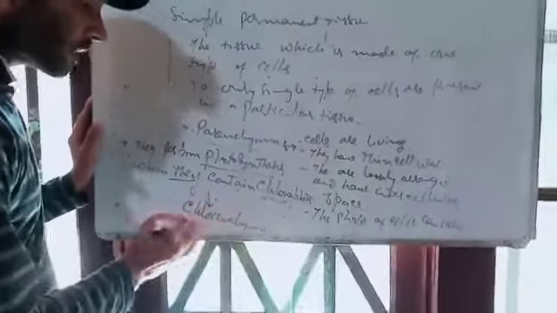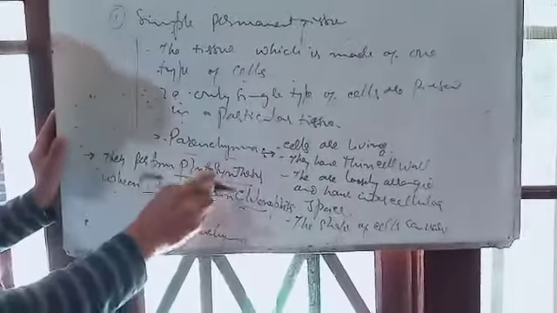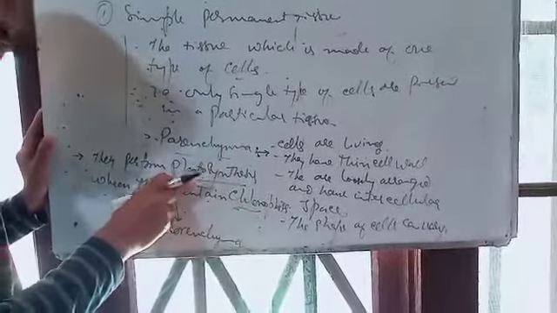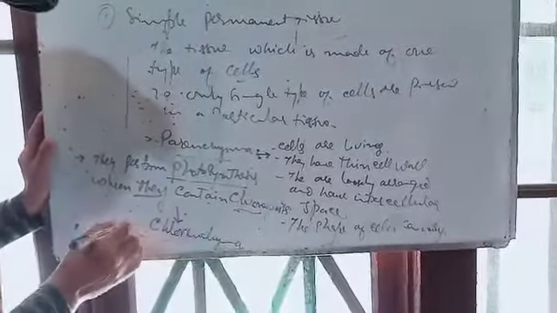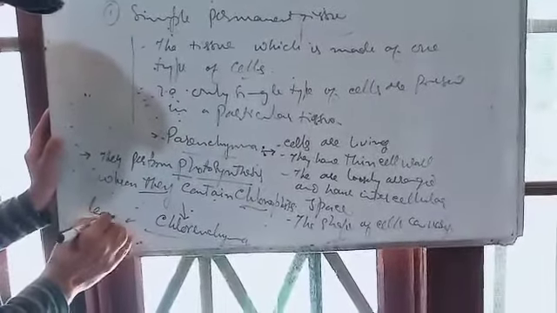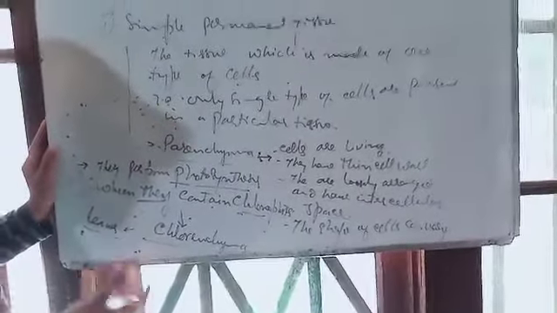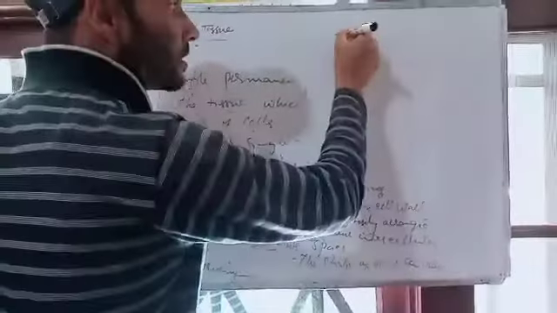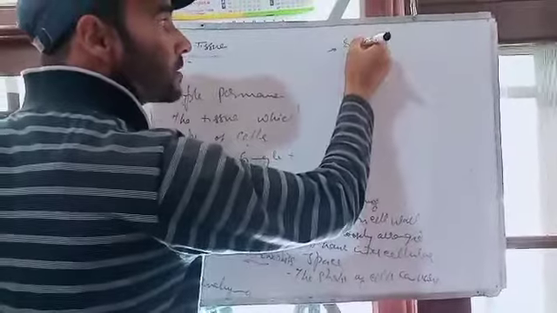Chlorenchyma is the parenchymatous tissue in which chloroplasts are present and perform photosynthesis for the plant. These are present in leaves and soft parts of the plants.